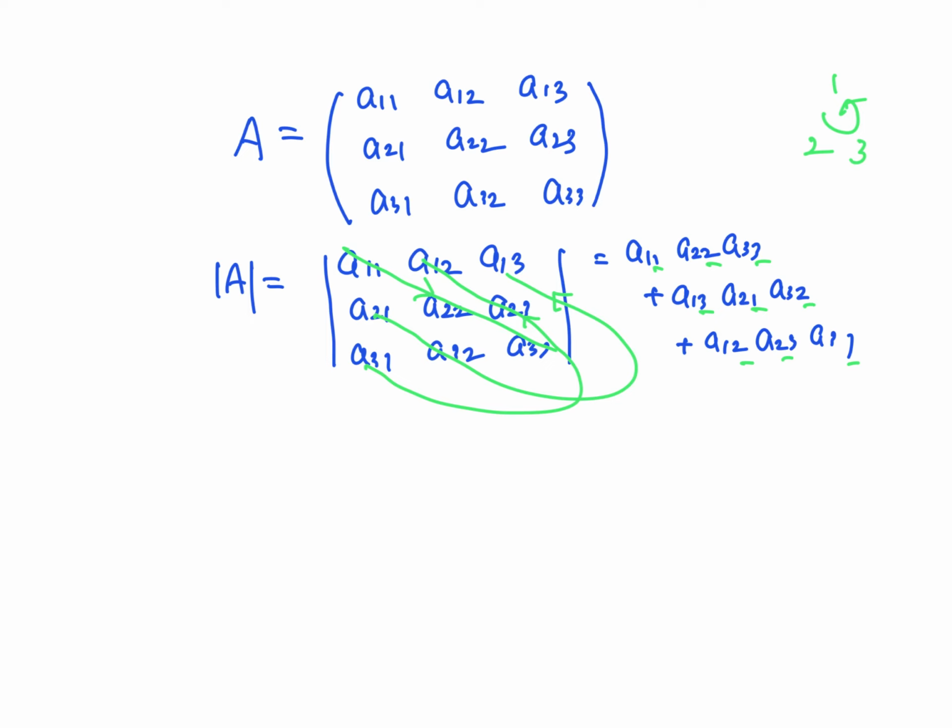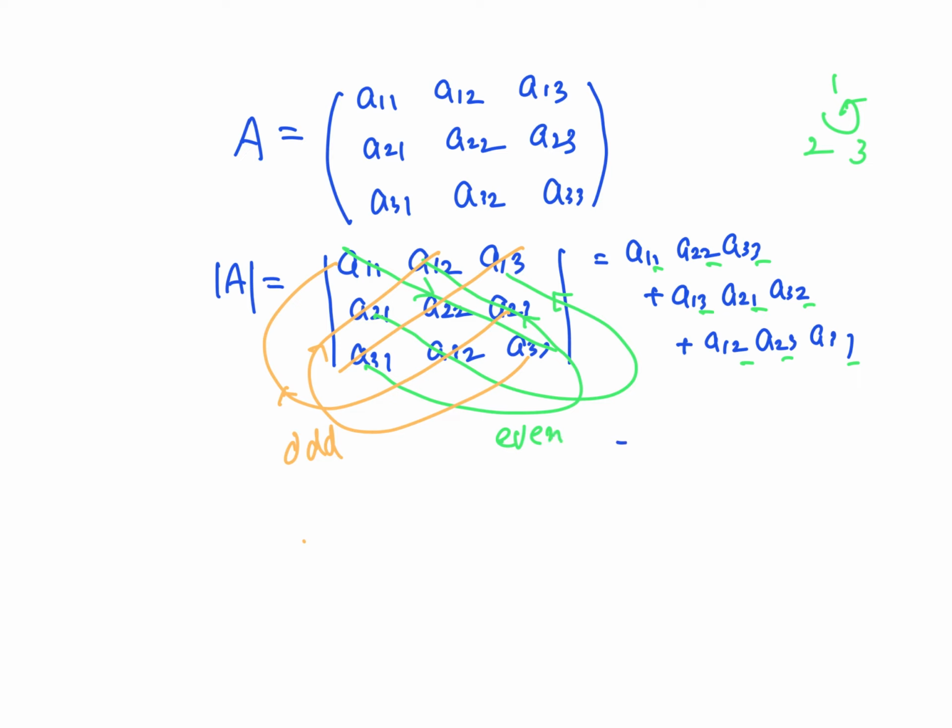Done. Okay. Odd permutation is this way. This and this. So this is odd. This is even.